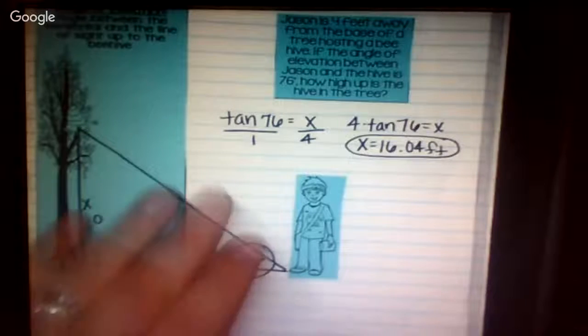If you flip the page to 136, we're going to glue in your angle of depression. How much are you going down?